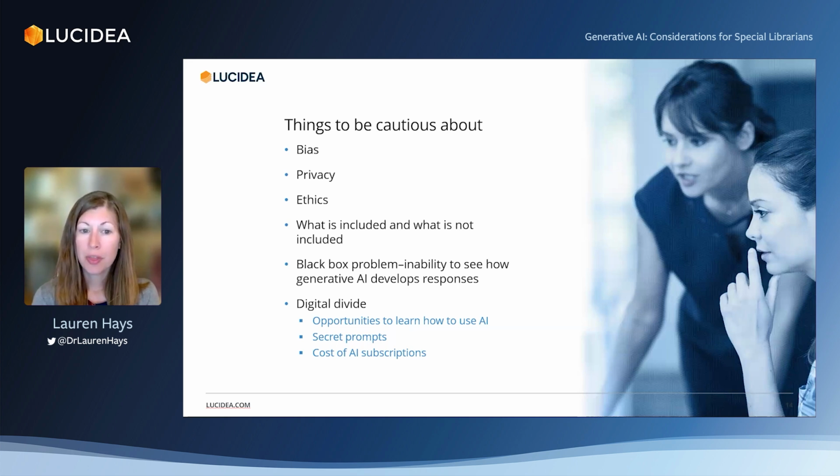But then also think about what is included and what is not included. This can be something that is impossible to know because we don't know all of the information that it was trained on. But if you're asking questions about a particular topic, it might have a lot more information on one area of the world and not nearly as much information on another area of the world. We can see this a little bit more clearly when we're looking for particular language content.